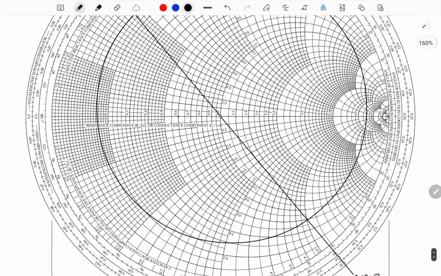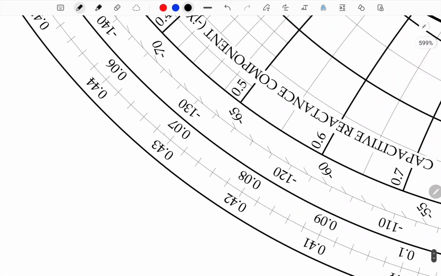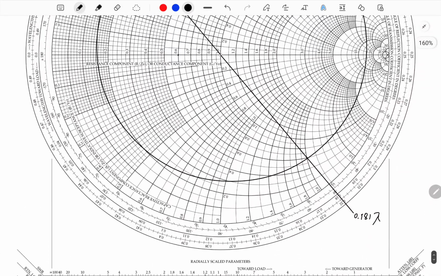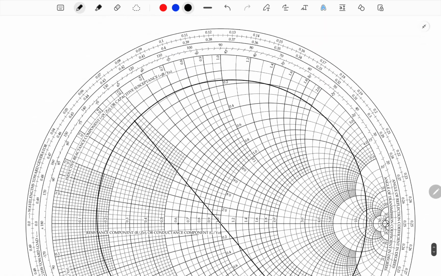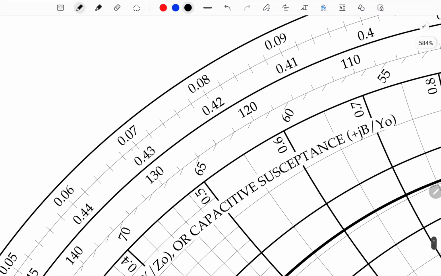So I'm going to go to 0.431 right here. No, sorry, that's the wrong side. That's towards generator. We're going towards load, so that would be right here, 0.431.